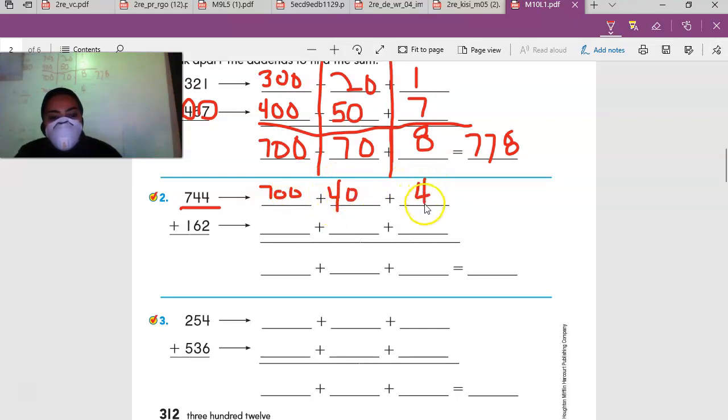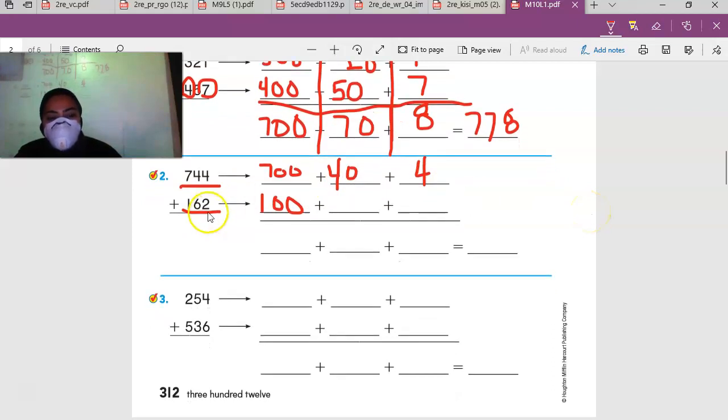How do we expand 162, Amaria? 100 plus 60, good job, plus 2. Good job.